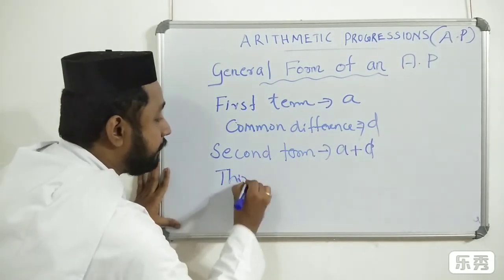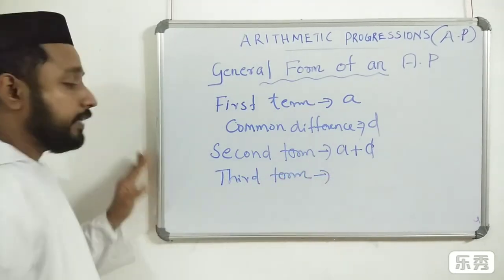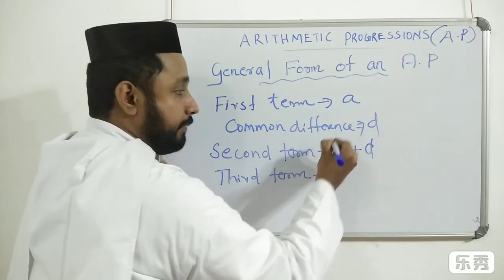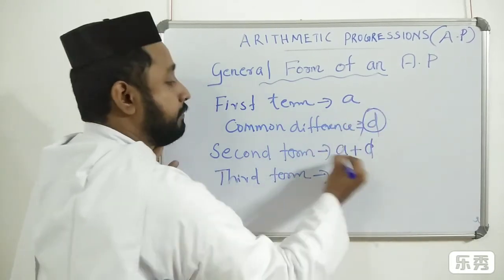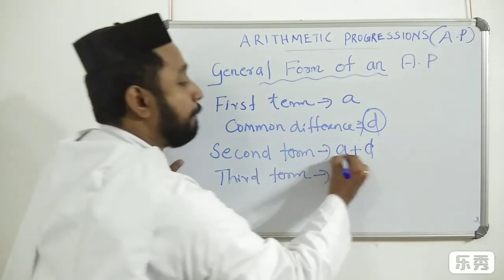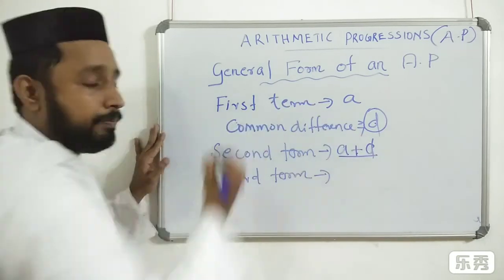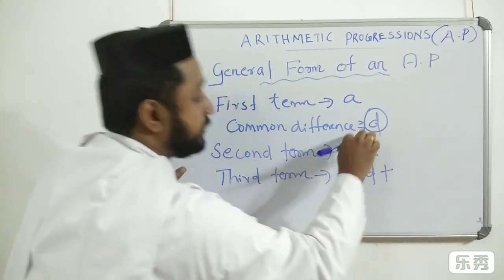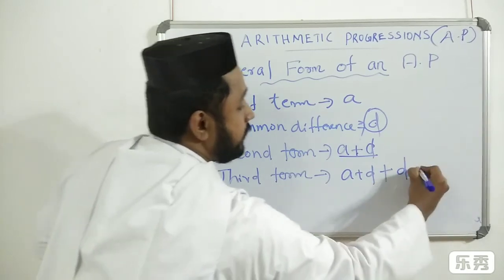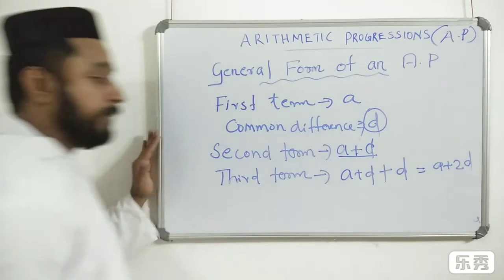Then the third term. For the third term, we add the fixed term D to the preceding term, that means the second term, a plus D. So adding the fixed term D to a plus D gives a plus 2D.